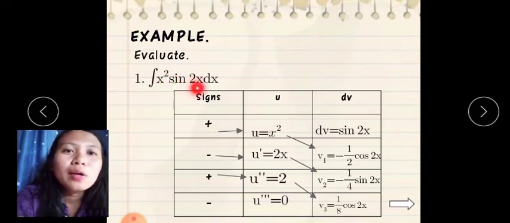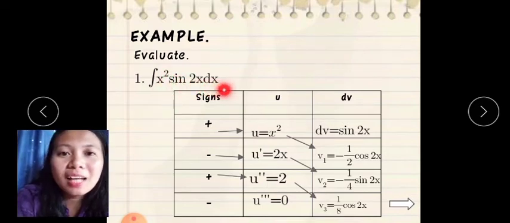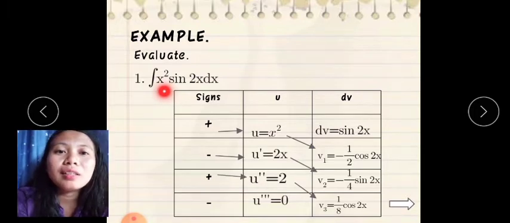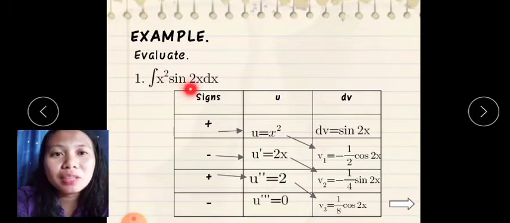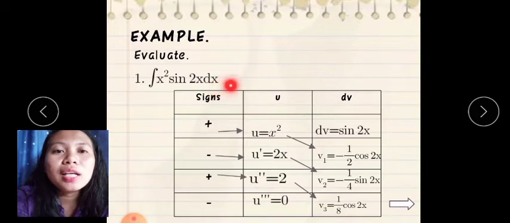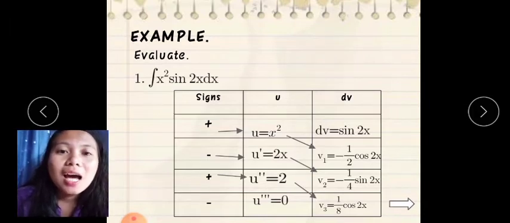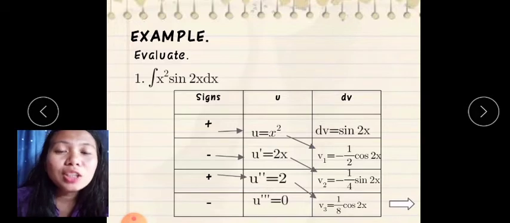As we can remember in the LIATE, in our given, we have the algebraic function and the trigonometric function. In LIATE, we have first logarithmic function, second is the inverse function, third is the algebraic function, fourth is the trigonometric function, and fifth is the exponential function.